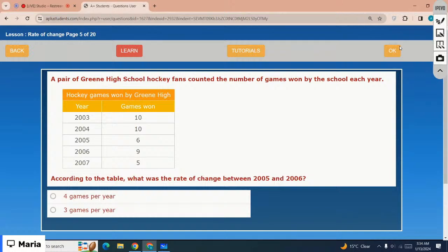According to the table, what was the rate of change between 2005 and 2006? Yes, that is 3 games per year. The correct option is 3 games per year.